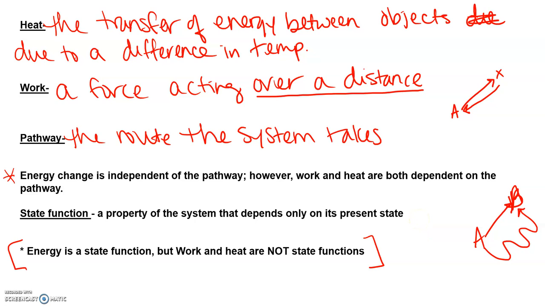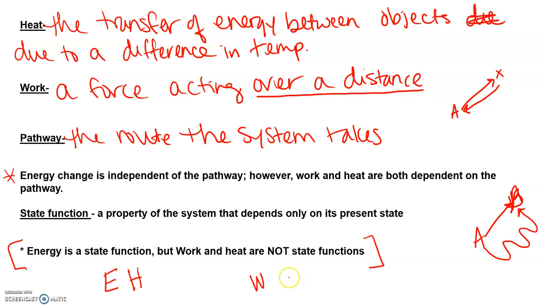One way that often helps, at least me, and hopefully it helps you figure out whether or not something's a state function, is if you look at its symbol. If the symbol for whatever thing you're talking about is a capital letter, it's going to be a state function. And so things like energy, that's a state function. If you remember enthalpy from Chem 1, which we'll talk about in the next video, enthalpy is written as a capital letter. That is a state function. But if the abbreviation for a term is a lowercase letter, then it is not a state function.